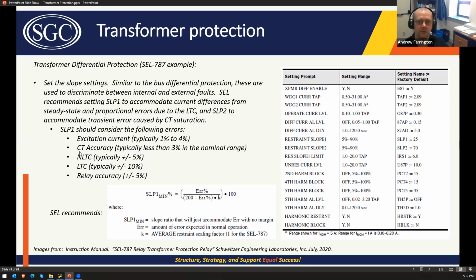Things like the no load tap changer position, the LTC tap changer position. You've got your relay accuracy, CT accuracy, excitation current on the transformer. You don't have that for a bus. So this is the recommendation in the 787 manual for how to determine your slope 1 setting. So like I said, you've got to look at the instruction manual for your specific relay. Usually they'll have guidance in there as to how to set those slopes.